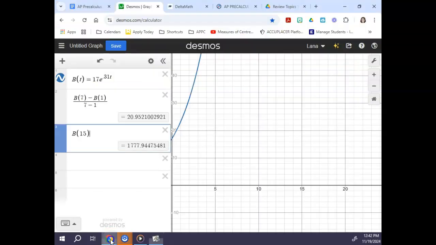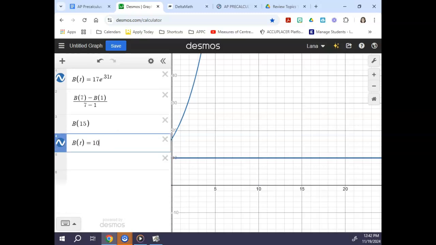So if I go back to Desmos, I'm going to type in what I just wrote, which is b of t equals 1,000. Which then gives me an error here and here, but I don't care because I already used them, so it really doesn't matter.